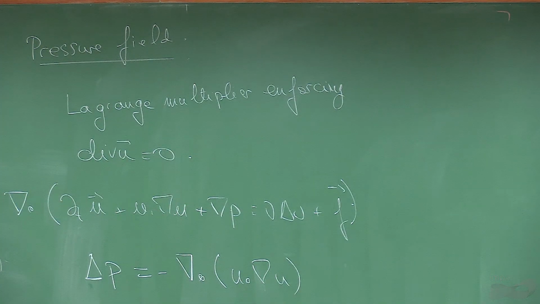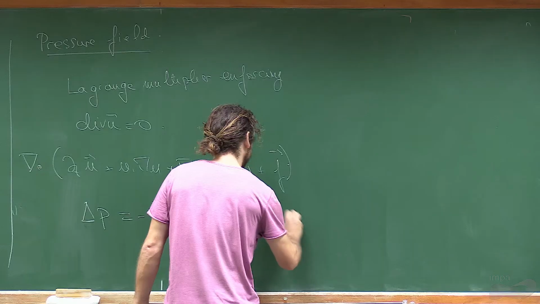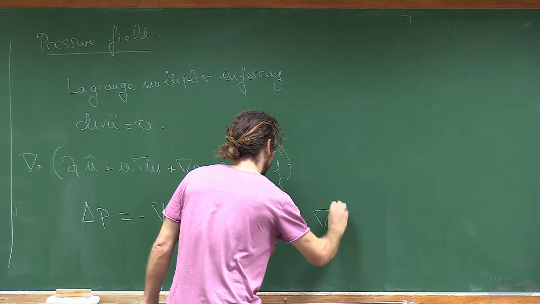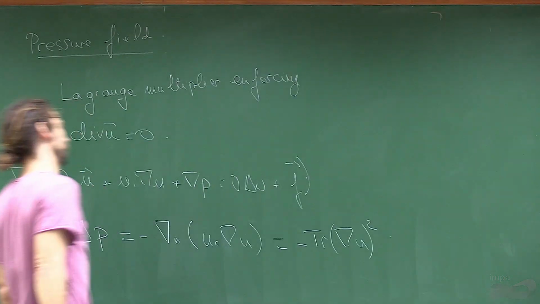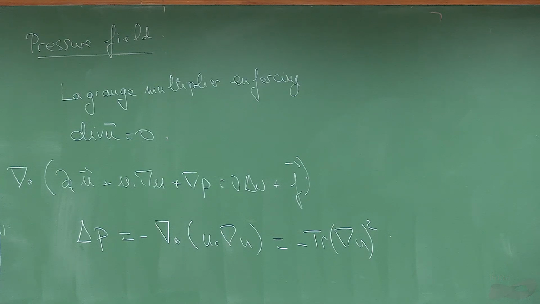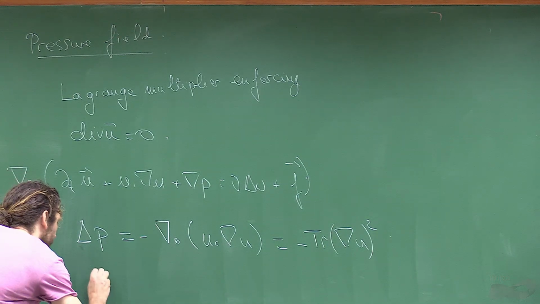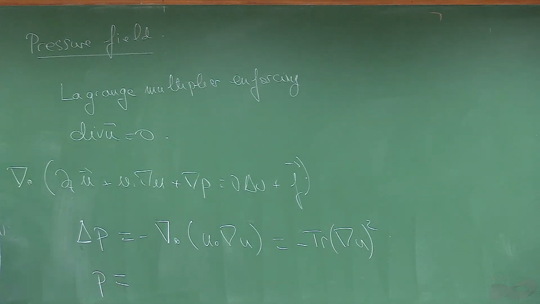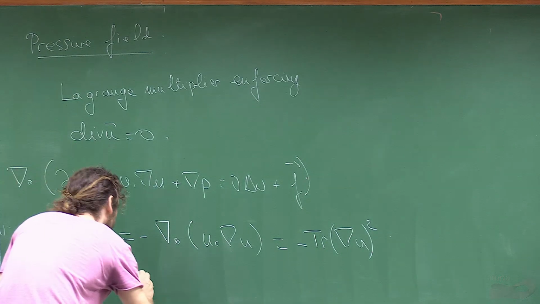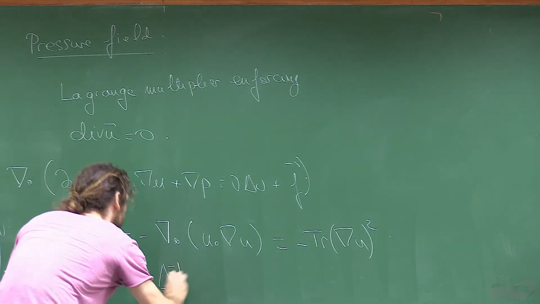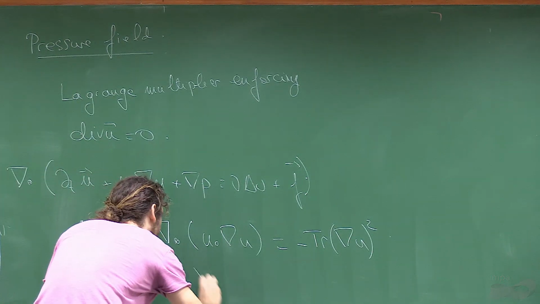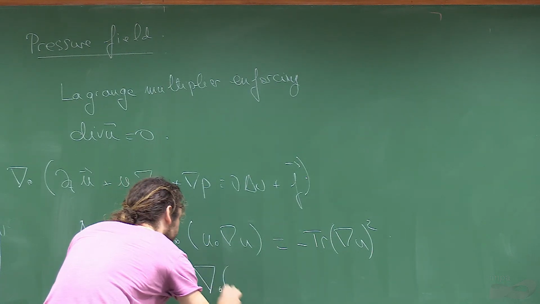You can also write it in a more fancy way with a trace. It's just manipulation. And so that means that formally, p, well, you just need to invert the Laplacian. So we can formally write it as Laplacian minus 1 applied to basically this object.